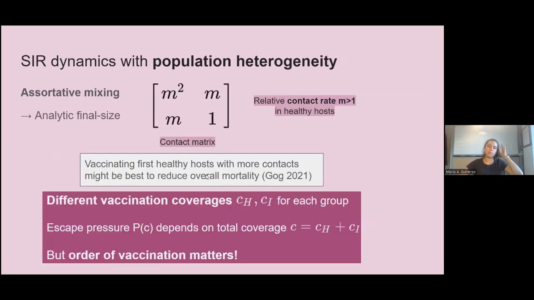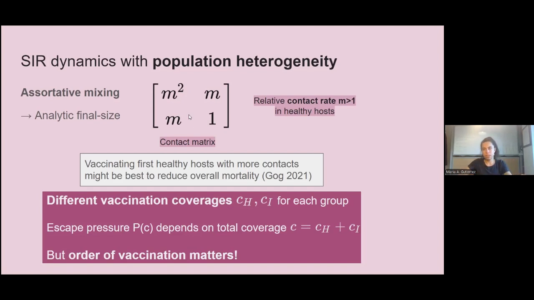And so again, I'm not going to go through the mathematical detail, but we can also include some more population heterogeneity. So you could think that the healthy hosts are maybe younger hosts, and that maybe they have a slightly higher contact rate. This is taken from a previous paper that my supervisor had published as vaccination campaigns were starting, where you try to understand the effect of different vaccination strategies on this escape pressure.